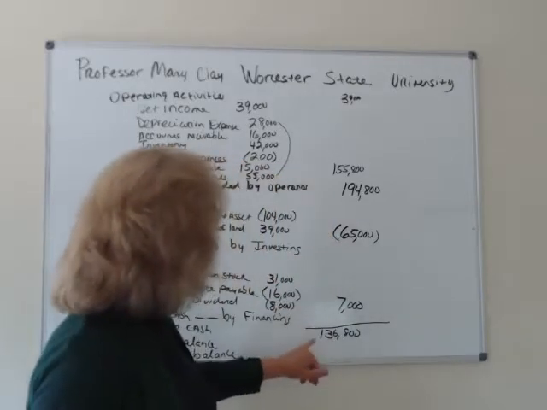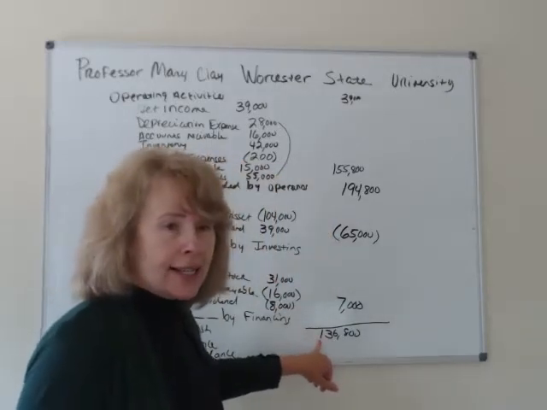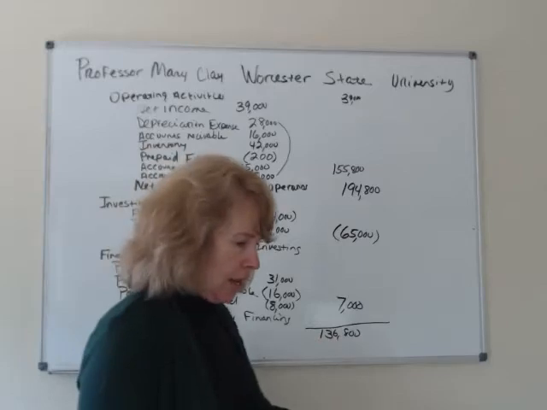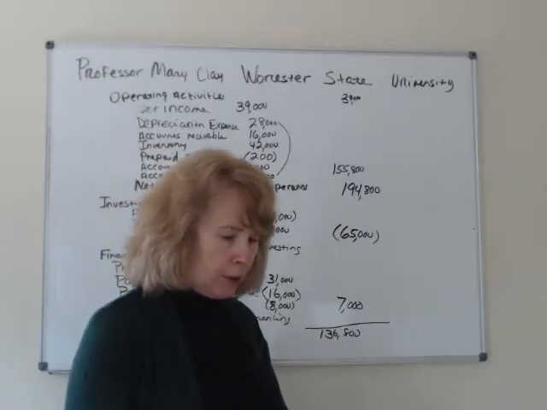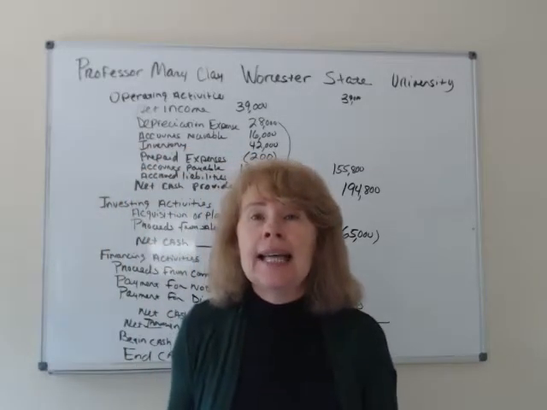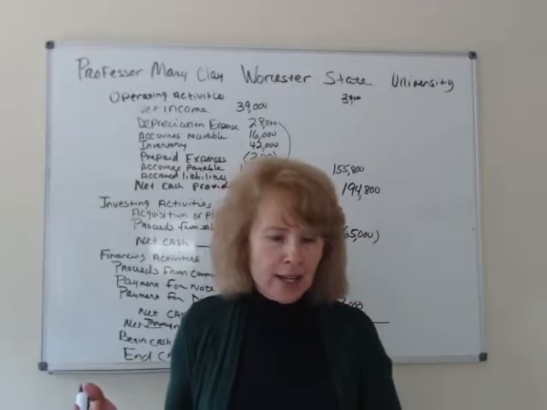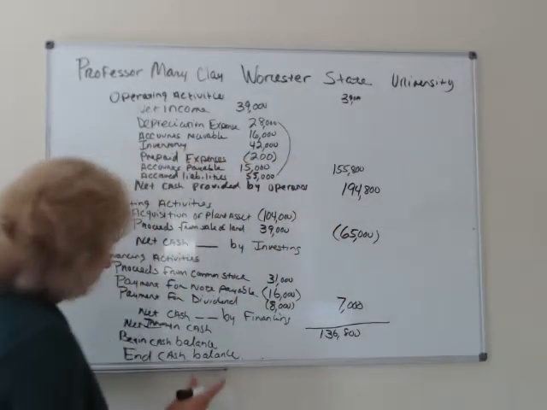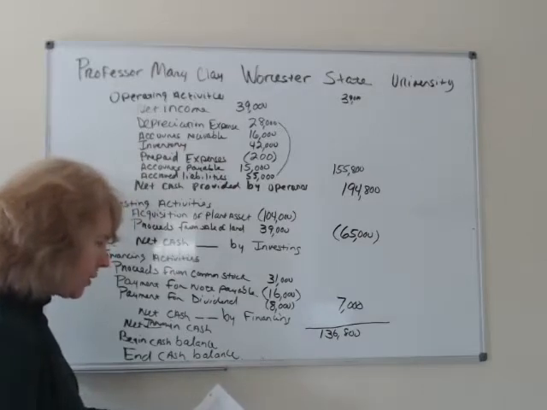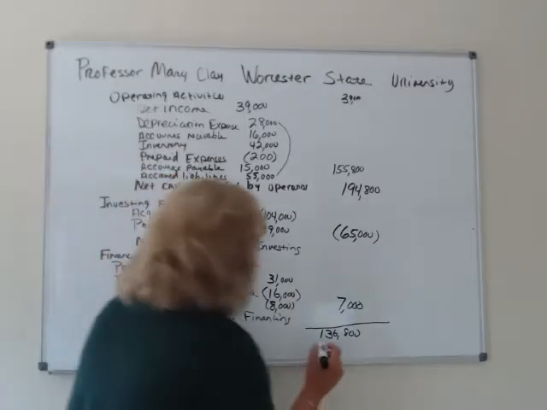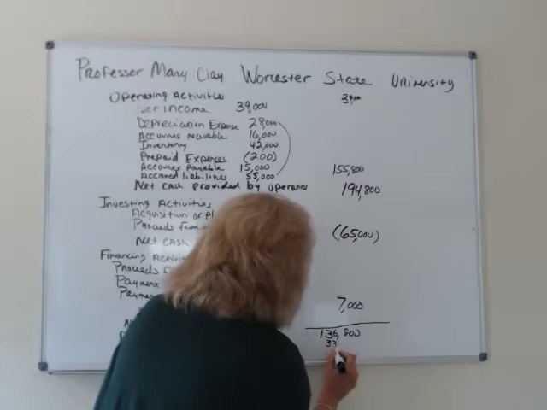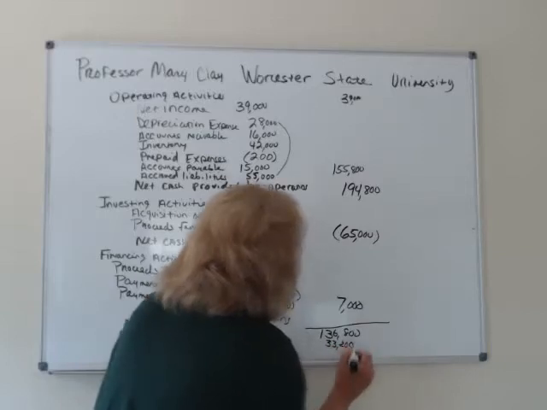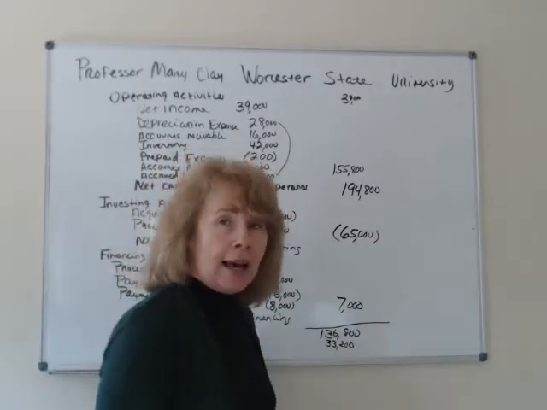Okay, so now we've got the 136,800. Then I'm going to look back at the problem and I'm going to find the beginning cash. Well, what's the beginning cash? The beginning cash, go back to your balance sheet. Your beginning cash was the 2017, which is $33,200. Now you double check your math.